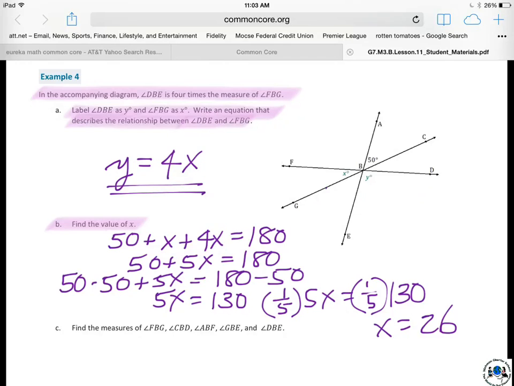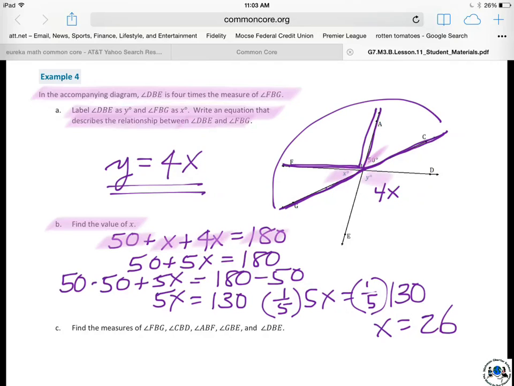So I'm going to say that I know 50 right here, plus x, which is right here, plus 4x, which is actually the y, they equal up to 180. The way I know that is that these 3 angles all equal up to 180 because they're angles on a line.